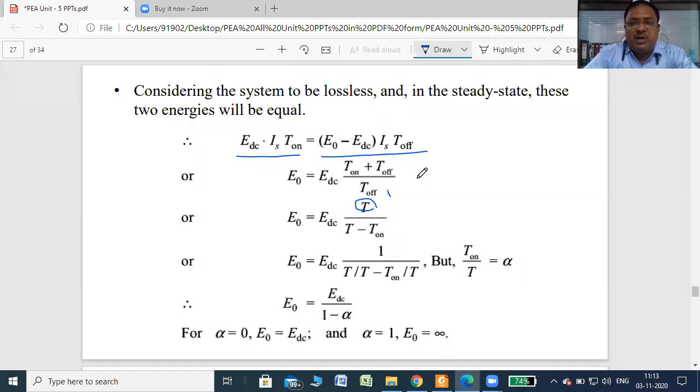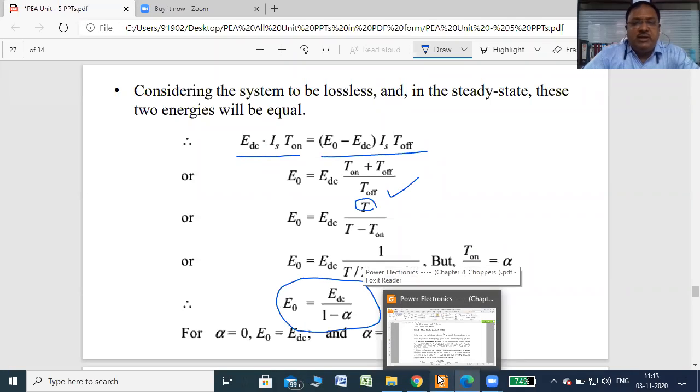So E0 equal to EDC times 1 divided by, taking T outside, T by T minus T on, by T. T on by T is nothing but alpha. So total E0 equals EDC divided by 1 minus alpha.